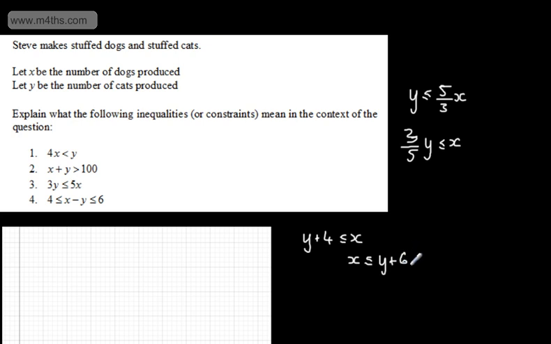So if you want to read this in terms of the number of dogs relative to the number of cats, you can do. With this one, you could say the number of dogs must be at least 4 more than the number of cats, and in turn it can't be more than 6 more than the number of cats.